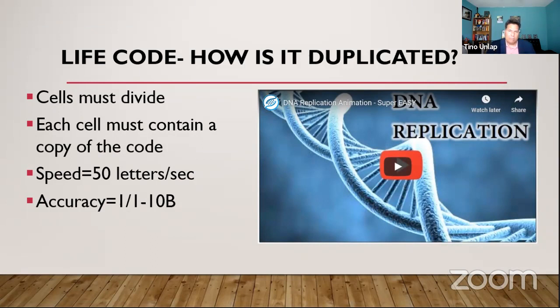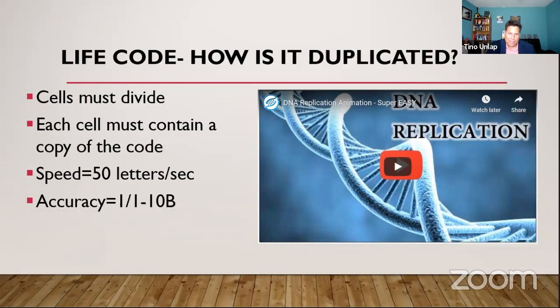And that's a problem. For the survival of that organism, all of the machines must be made correctly, and the code needs to be intact from generation to generation. And so the accuracy of this duplication process is actually one error in 1 to 10 billion letters.